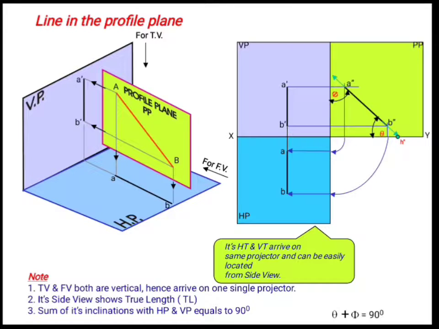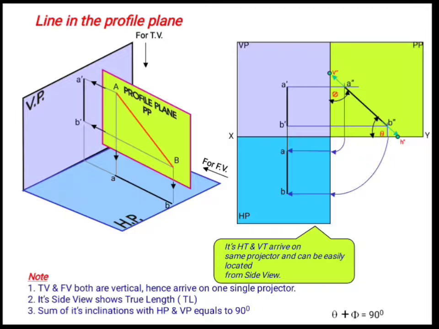Similarly, if I extend this line and get it intersected with this vertical line, I will get the point V double dash, which is the side view of the vertical trace.